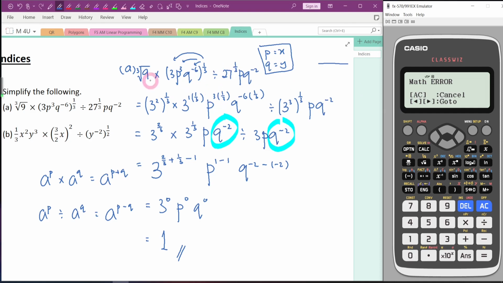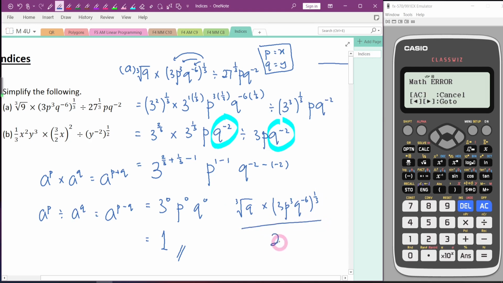Let me explain it this way. This divided by this.